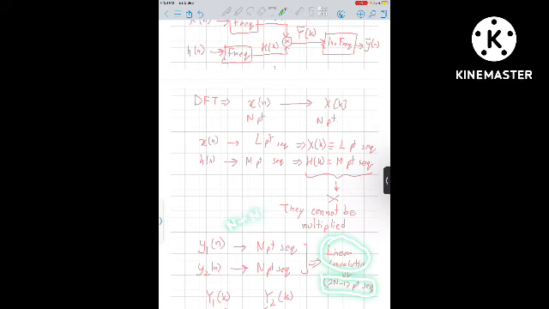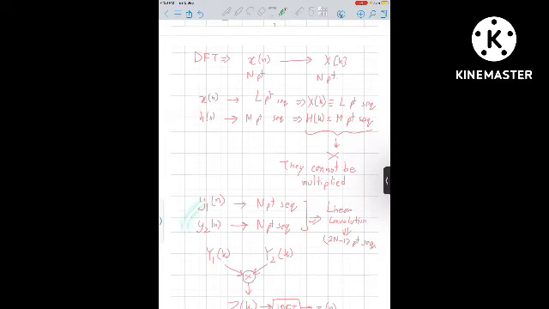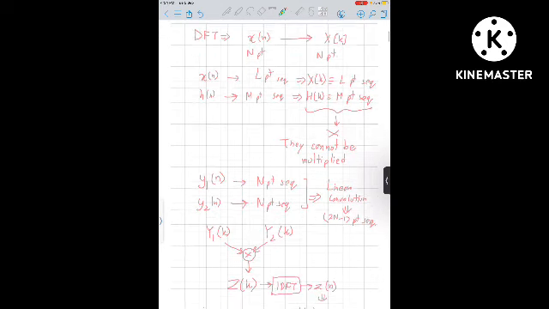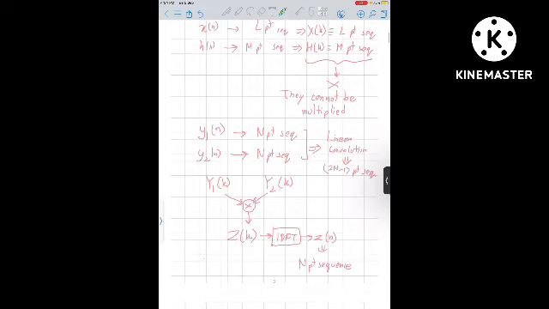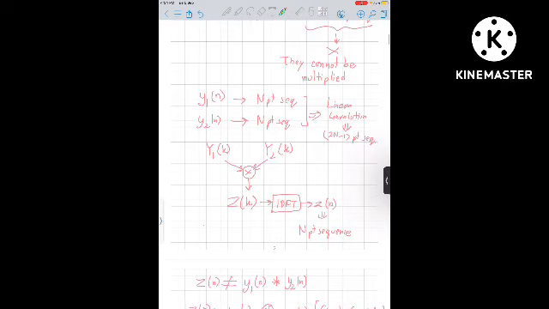However, when I take the DFT of y1[n] and y2[n] to obtain Y1[k] and Y2[k], multiply these two, and obtain Z[k], then taking the IDFT gives some z[n]. But z[n] is an N-point sequence, so it is obvious that z[n] is not equal to y1[n] convolved with y2[n].